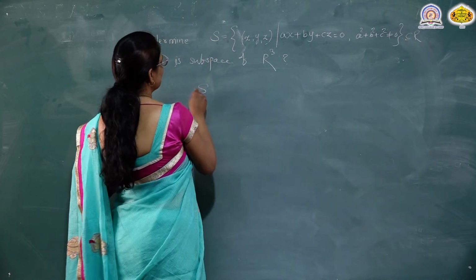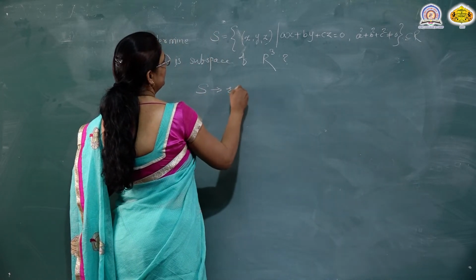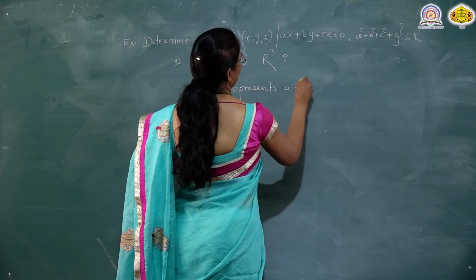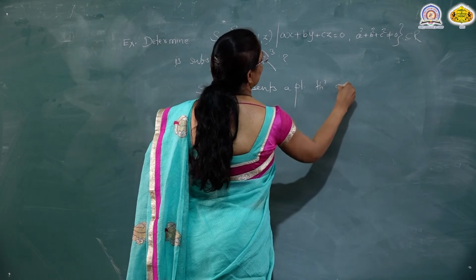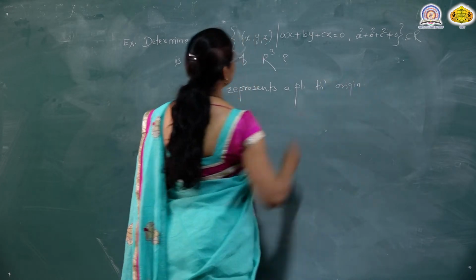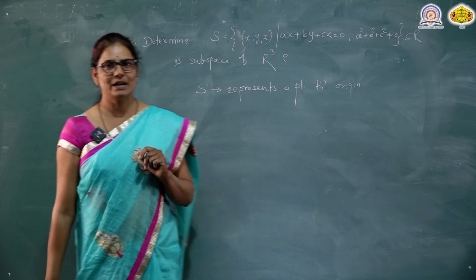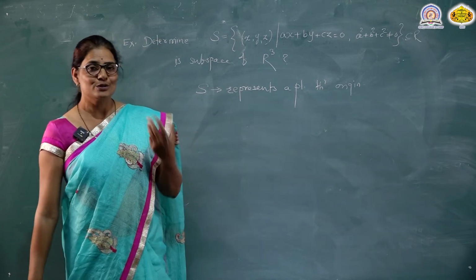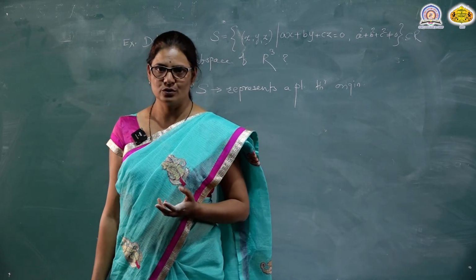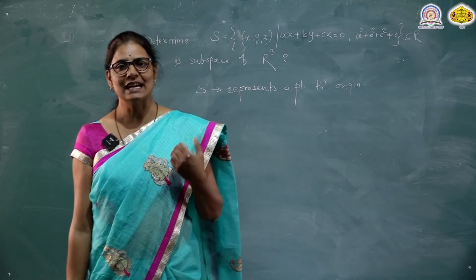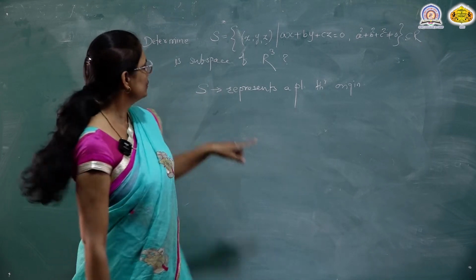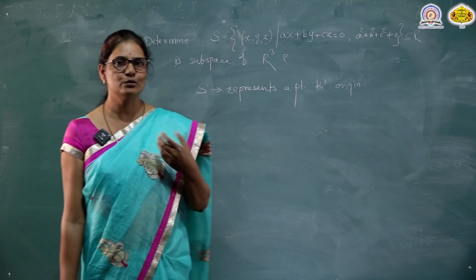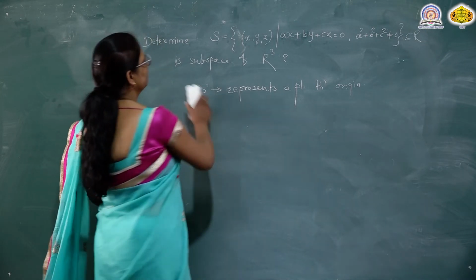So S represents a plane passing through origin. Therefore it is a subspace. Or we can easily prove by using the theorem that it is a subspace. Now we use another method to prove that. We use the theorem to prove that it is a subspace.